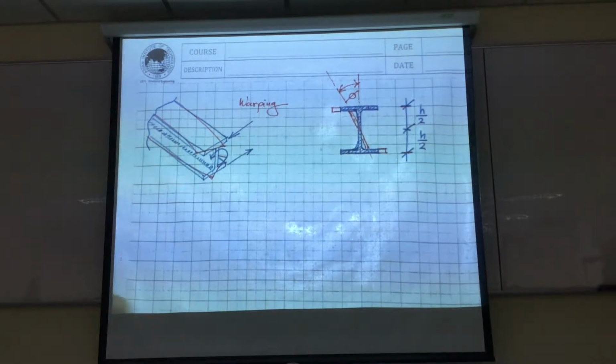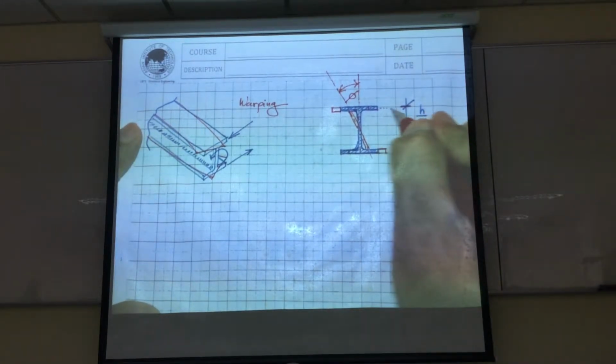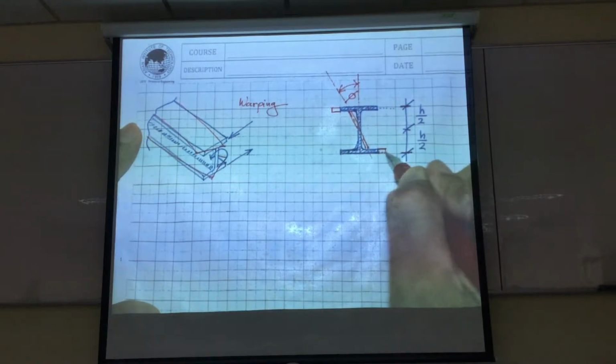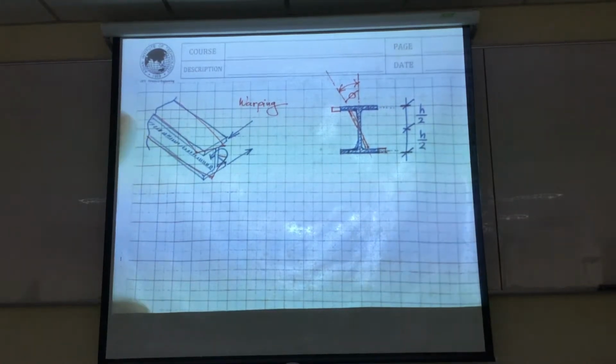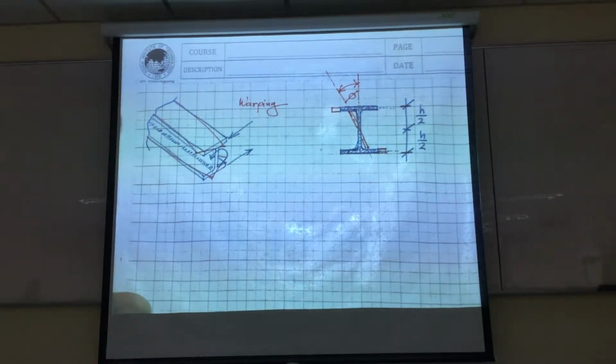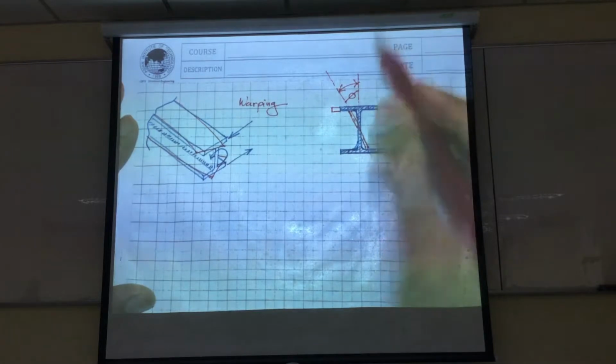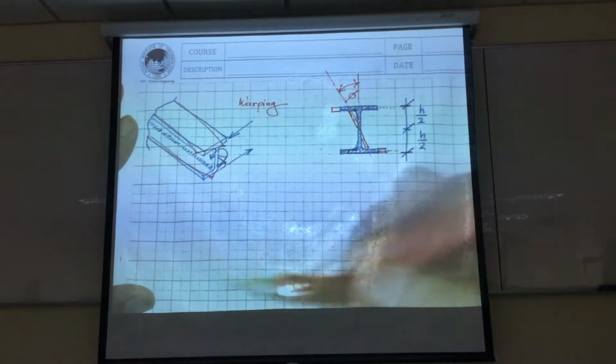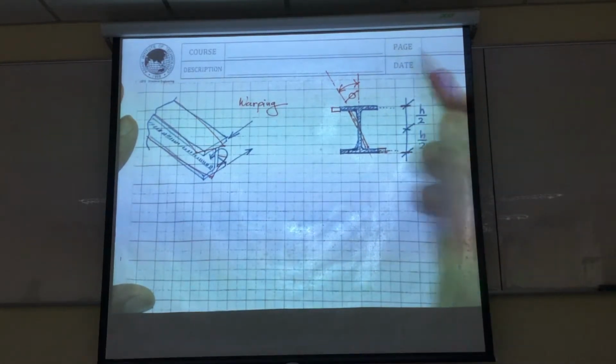So this just go to the center of the flange. Depth approximately. So the displacement, okay, lateral displacement, horizontal one.